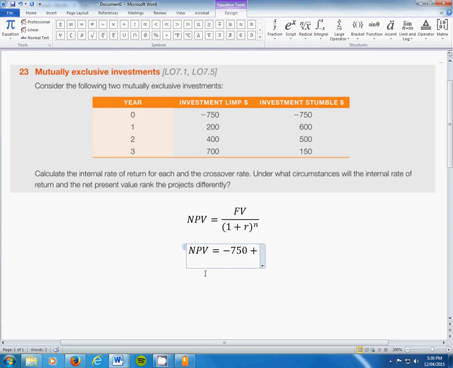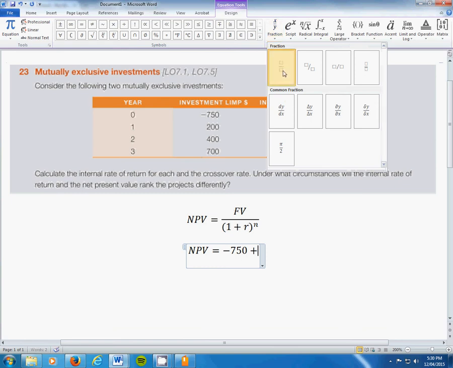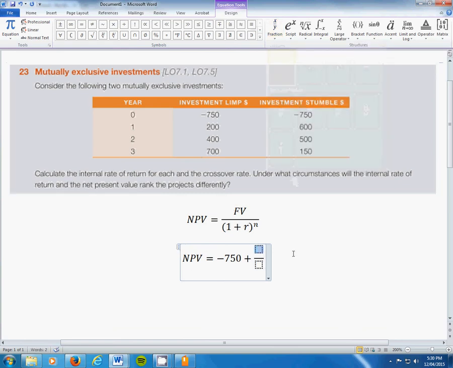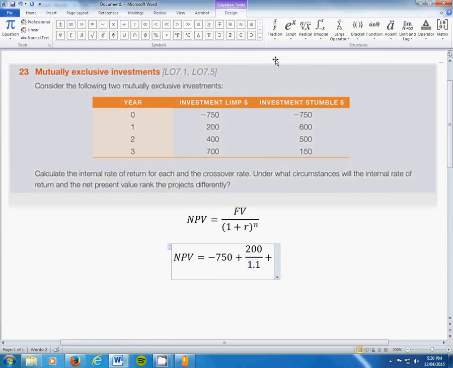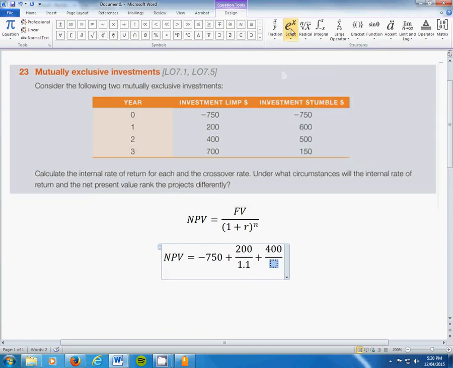We add our first year. So the return on investment in the first year is $200, and we divide that by 1.1. It's to the power of 1, so it just equals 1.1. So it's 1 plus the rate. Now we add our second year, and the return on the investment in the second year is $400, and we discount that across 2 years, so 1.1 squared.